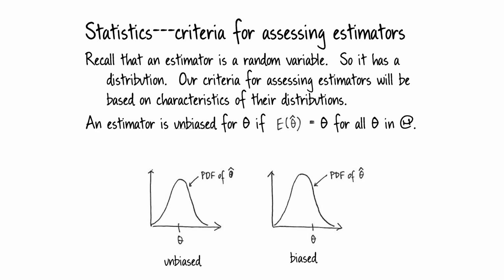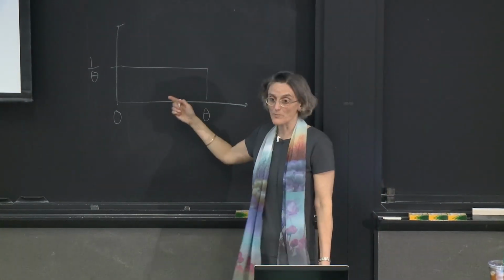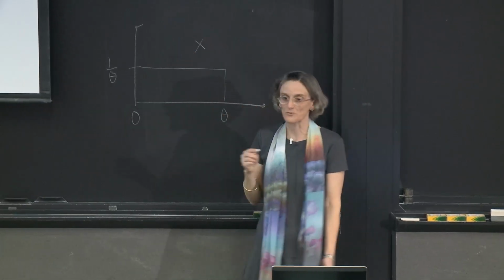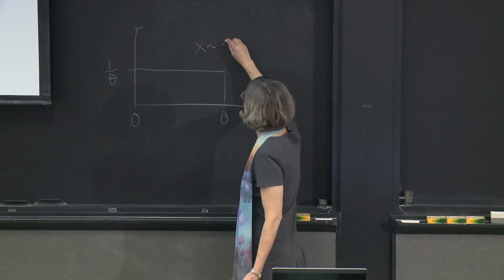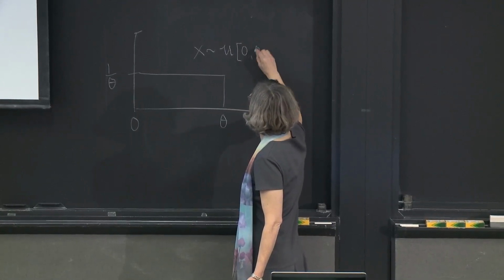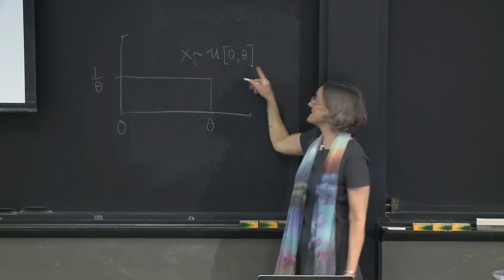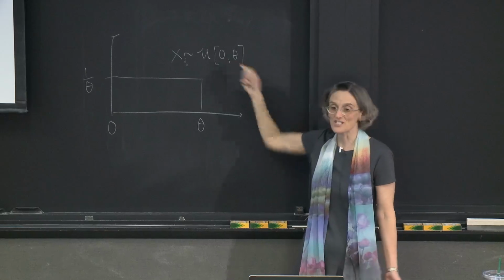Okay, so here's a picture. When you say theta, that means the mean of theta, right? The expected value of theta hat is equal to theta. Is theta a random variable? No, it's a parameter. For instance, here's an example. We have a random sample that we're drawing from this distribution, and we can call those x's or y's or whatever we want. Each x has a uniform 0 to theta distribution. Theta is just a number.